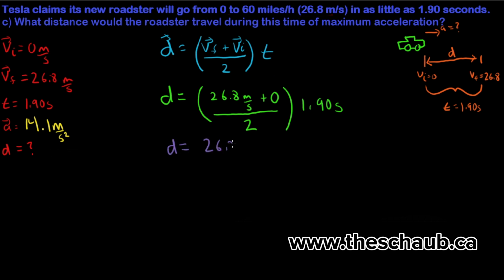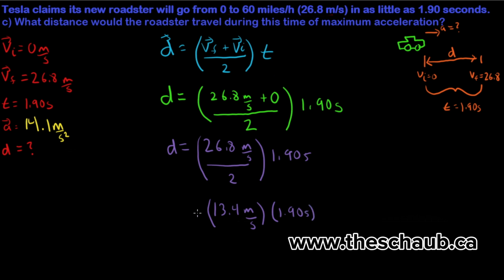So we have 26.8 meters per second divided by 2 multiplied by 1.90 seconds. 26.8 meters per second divided by 2 gives us 13.4 meters per second. We multiply this by 1.90 seconds.